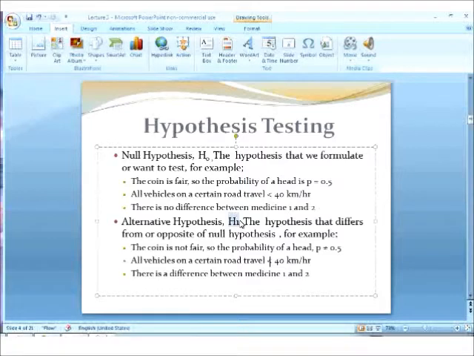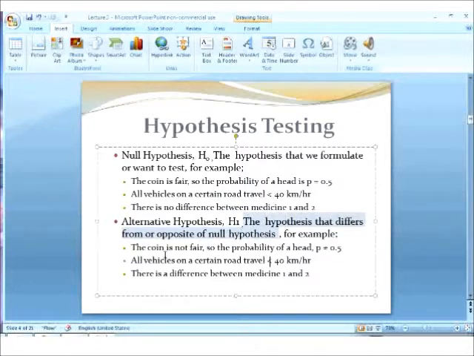So whenever we have a null hypothesis, we always have an alternative hypothesis that negates our null hypothesis, or it's opposite to it. So we always accept or reject a null hypothesis in favor of the alternative hypothesis. So the hypothesis that differs from or is opposite to the null hypothesis is called alternative hypothesis.